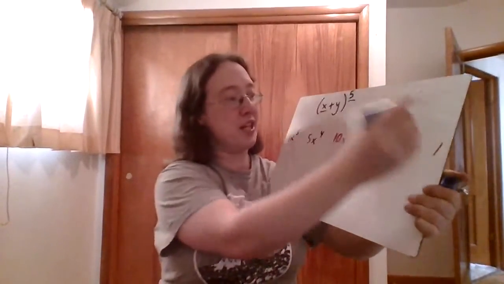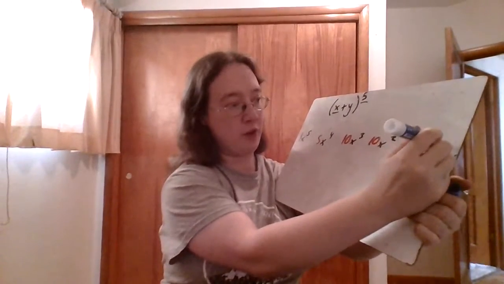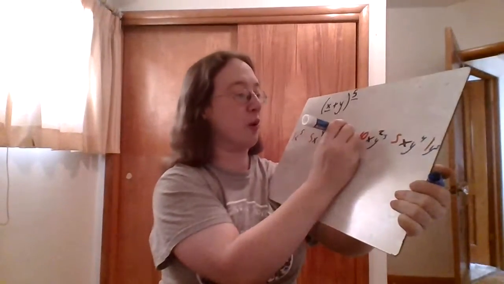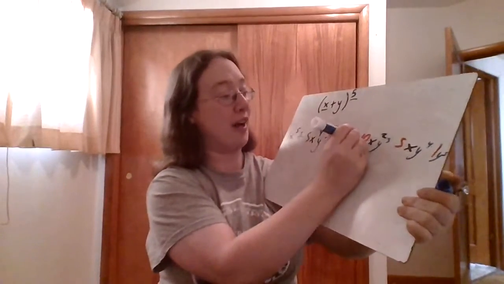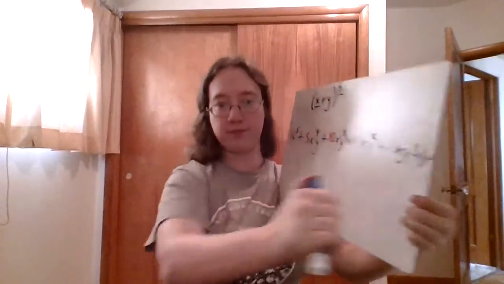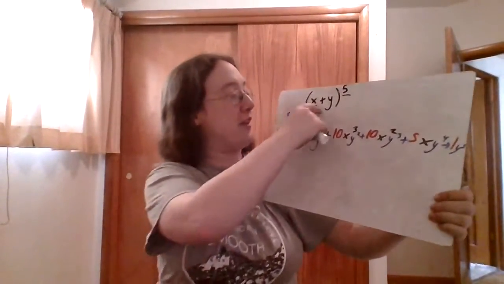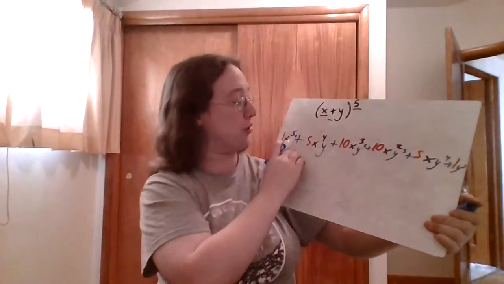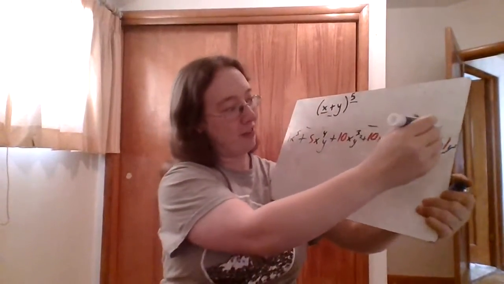So we're going to start over here and say this one gets a y to the 5th, this one gets a y to the 4th, that one gets a y to the 3rd, that one gets a y squared, that one just gets a y, that one doesn't get a y. Cool. Now, really the only thing to watch out for is if that's a minus instead of a plus, your things alternate. So this would be a minus, that'd be a plus, minus, plus, minus.